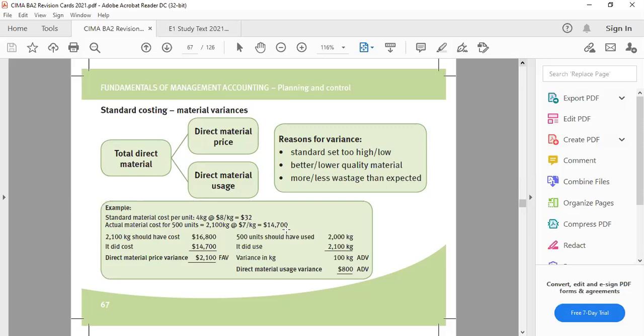When standards are decided, they are decided per kg for 1 unit, for how much material is used for making 1 unit, but the actual activity took place at 500 units.